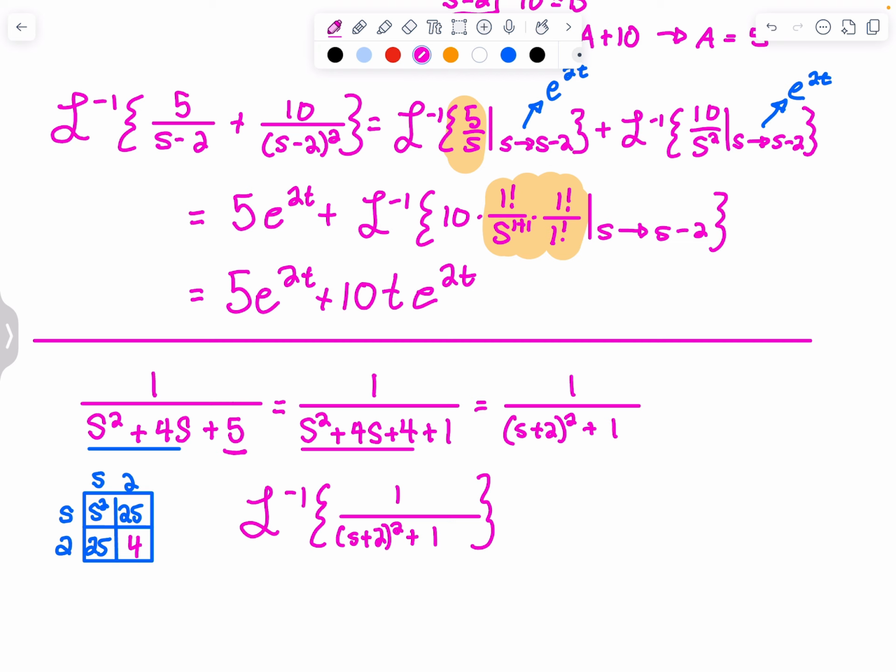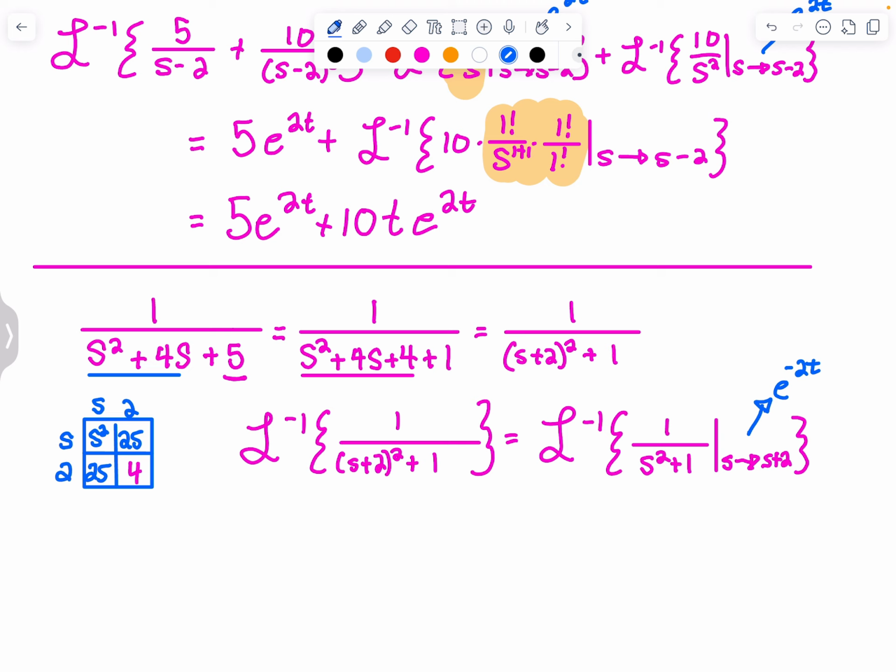But the s plus 2 is messing it up, so I'm going to rewrite this as L inverse, and then I'm going to do 1 over s squared plus 1, and then we put this little thing here as a reminder. S was going to s plus 2 inverse, and then remember this is telling us that we're going to put an e to the negative 2t. All right. So then we can use that.